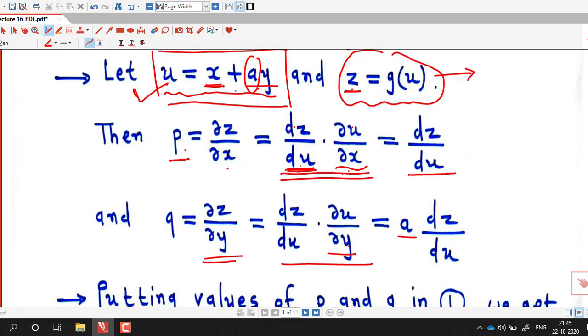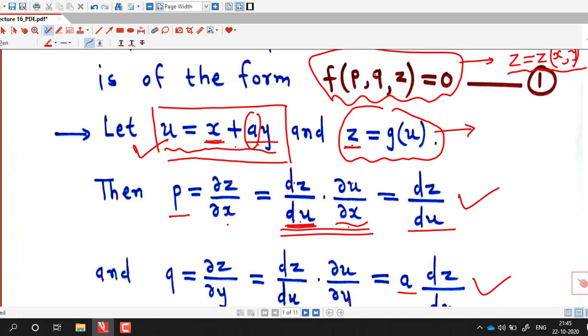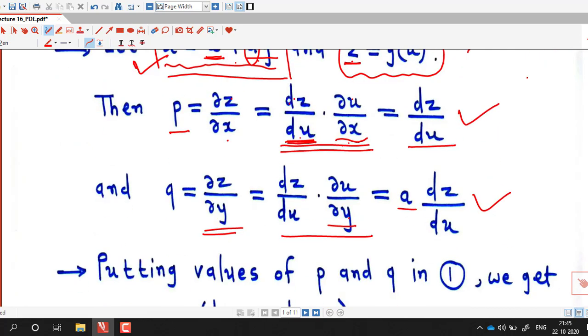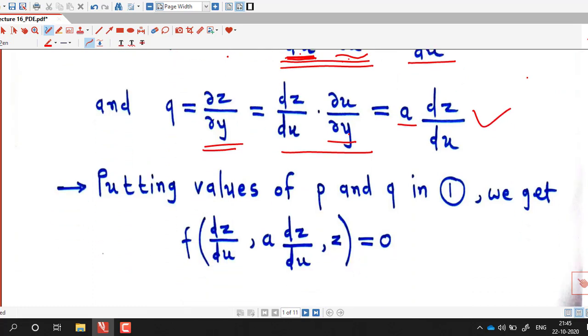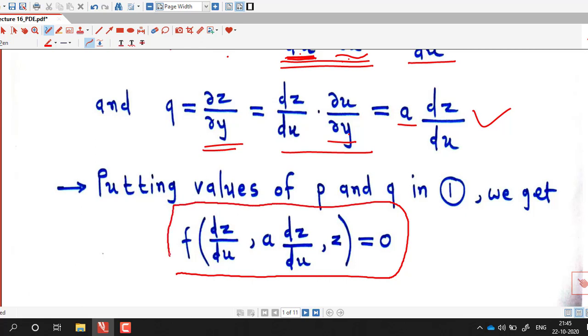So we obtain small p equal to dz by du and small q equal to a into dz by du. So then we substitute value of small p and small q in equation number 1, and our equation will be converted in this form: function of dz by du comma a dz by du comma z equal to 0.